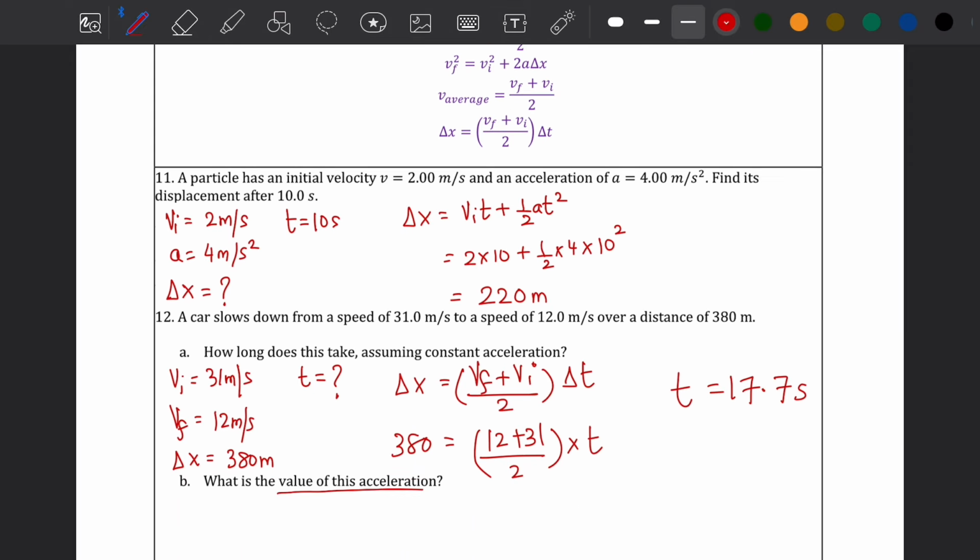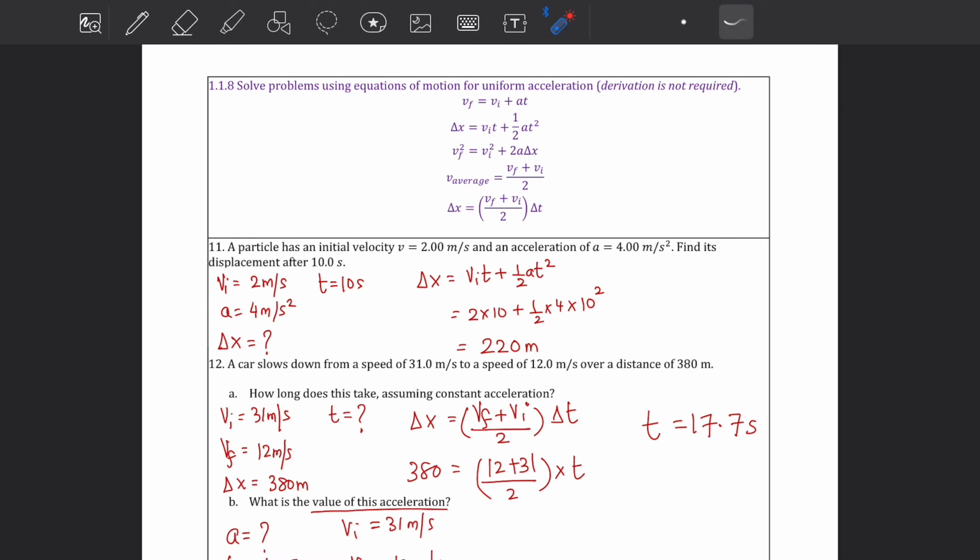Next is asking for acceleration. Now we have got time 17.7. We have got VI 31 meter per second, and we have got VF 12 meter per second. So A, t, VI and VF, they come together in the first equation and we will use that. So VF equal VI plus AT.